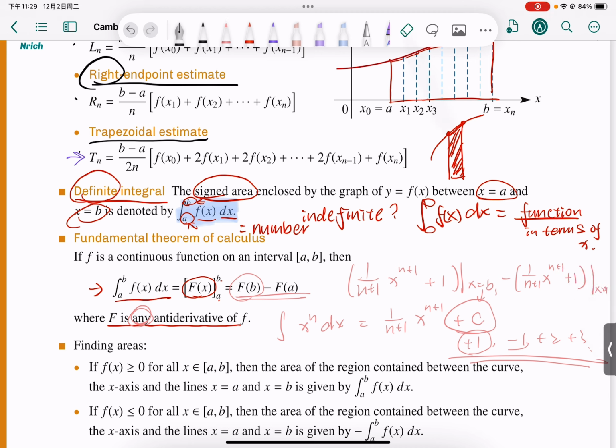And the plus 1 and the plus 1 cancel out. So it does not matter which option we choose. If we choose plus 1 or plus 2, it doesn't matter, because it cancels out. So we are only left with F(b) and F(a). So it's a general form of the antiderivative of f.